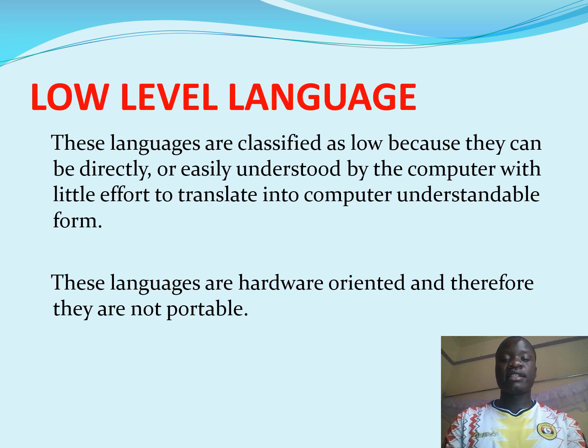So when we enter, for example, a sentence that reads, I will go to school tomorrow, the computer does not understand it in that way. Therefore, there should be something to translate it to a computer understandable language. So we shall get to know it when we continue.